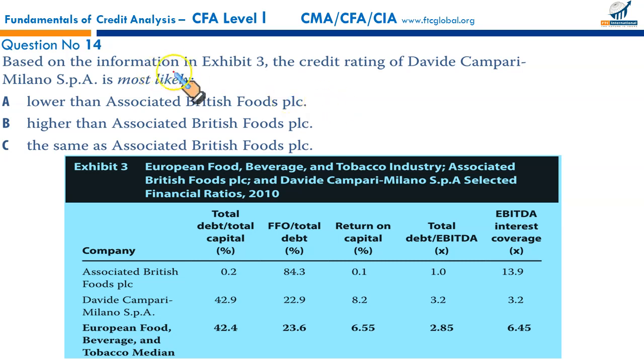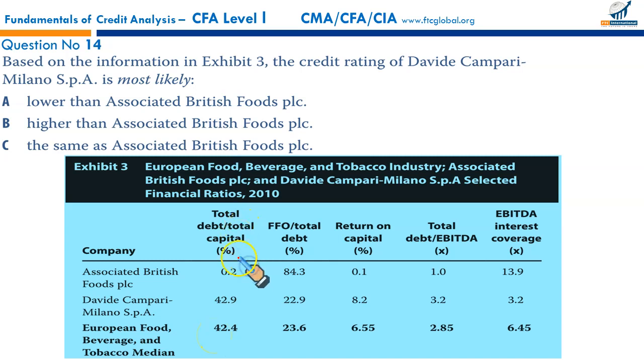Based on the following information in Exhibit 3, the credit rating of Davide Campari-Milano, a joint stock company in Italy, Società per Azioni, SpA, is most likely. This is the firm here compared with Associated British Foods PLC as well as the European Food, Beverage and Tobacco median numbers.